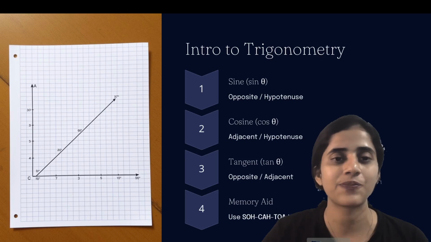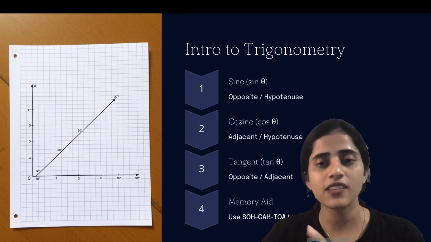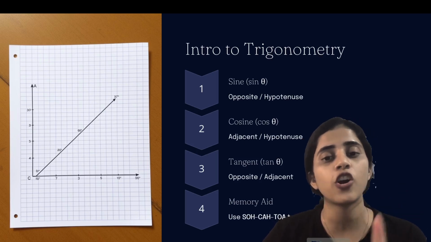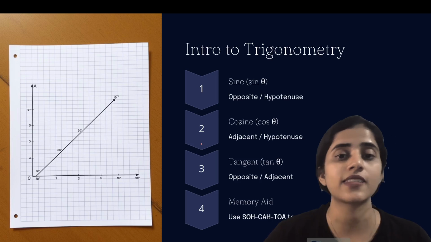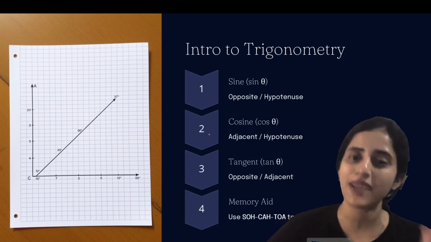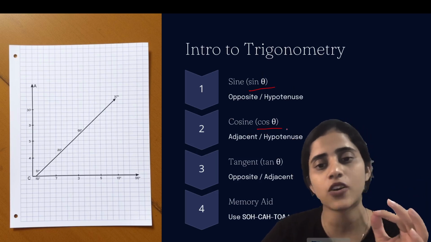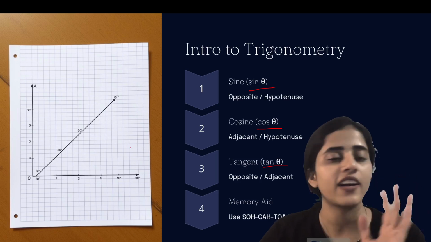Next, an important thing that you need to know is basic trigonometry. You need it for physics, not in your math lesson, but in physics, you need to solve a lot of questions based on sine theta, cos theta, tan theta, and all of that.